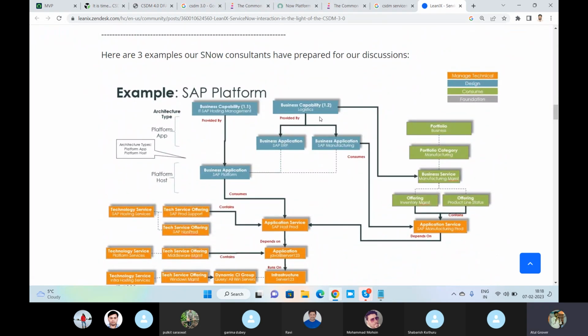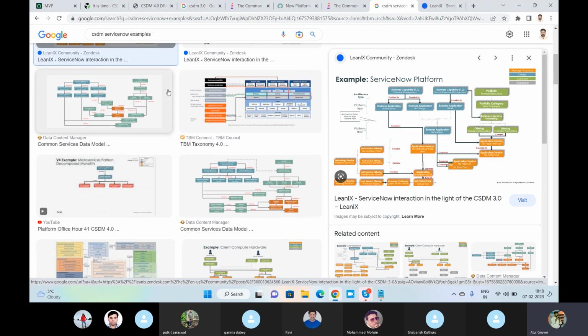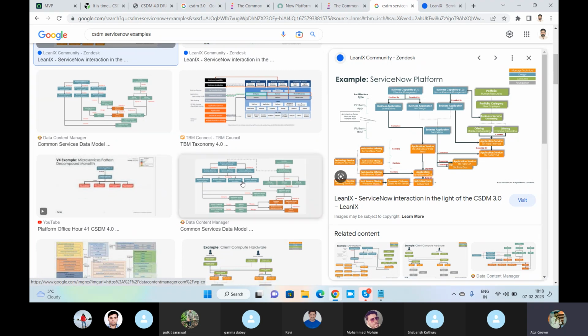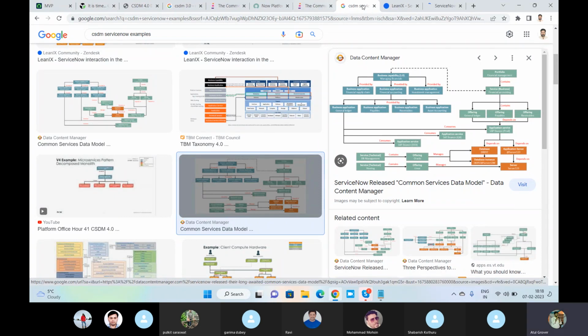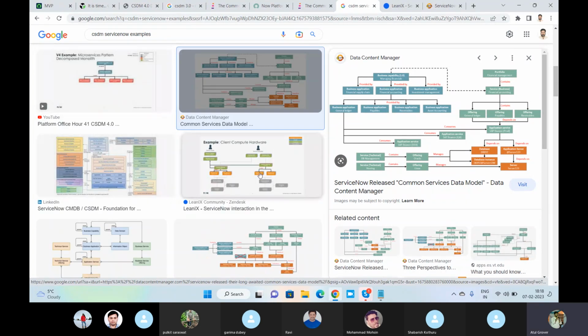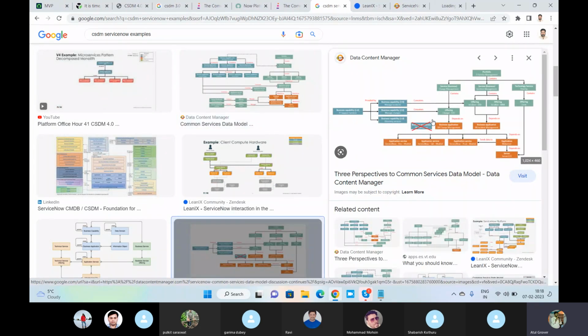Okay, this is for the SAP. Let me see for ServiceNow. So if you want to understand, go to these topics. You can understand very easily.